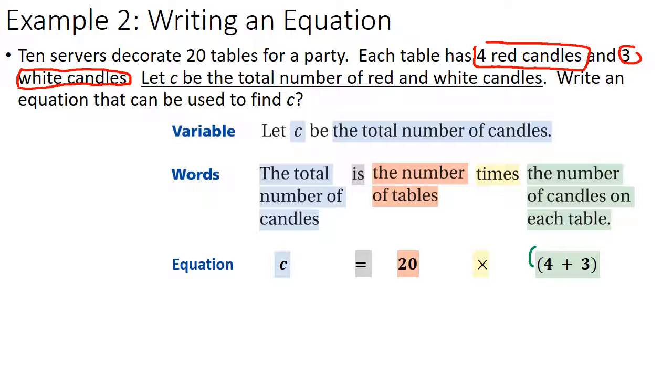So we can say this will be 4 plus 3 on each table, times the total number of tables, which in this case is 20 tables, and that should then be equal to the total number of candles, which we said would be C. So we have C is equal to 20 times 4 plus 3.